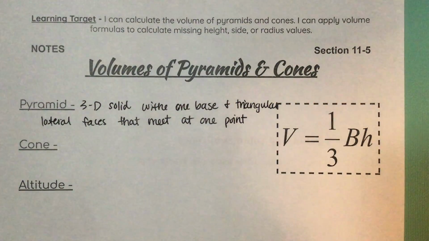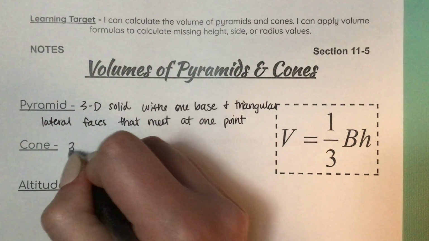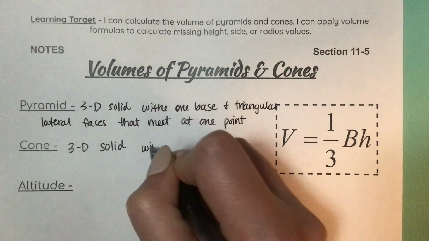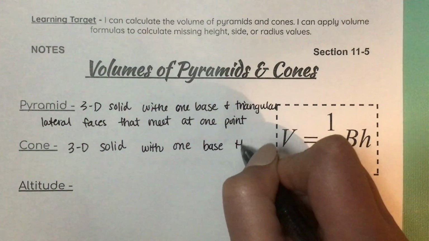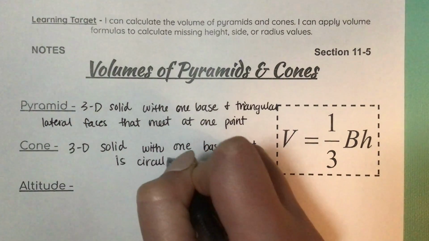A cone is going to be a 3D solid with one base that is circular. Okay.